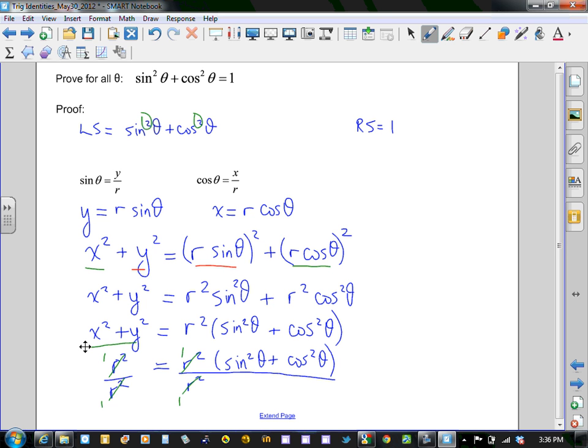And hence, what we can see coming out of this is that 1 is equal to the right-hand side, sine squared theta plus cosine squared theta. So we've proven the fundamental Pythagorean identity using a slightly different approach.